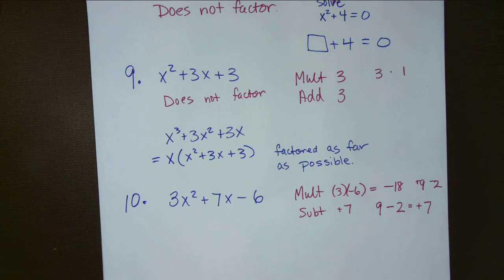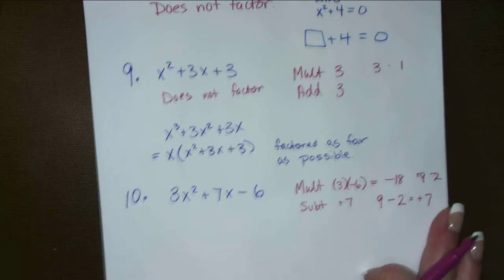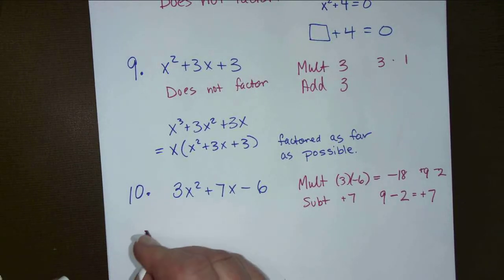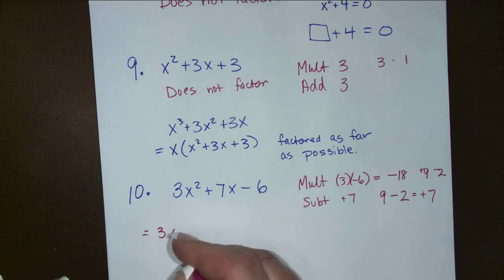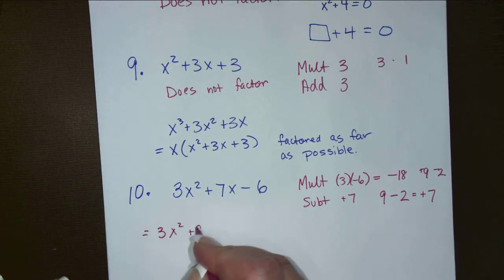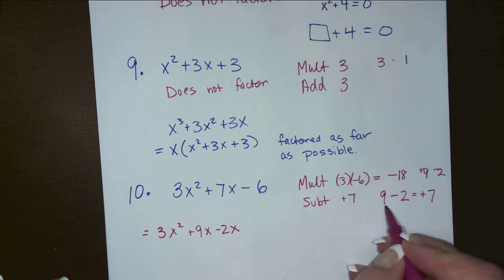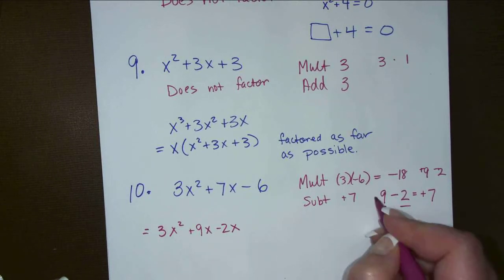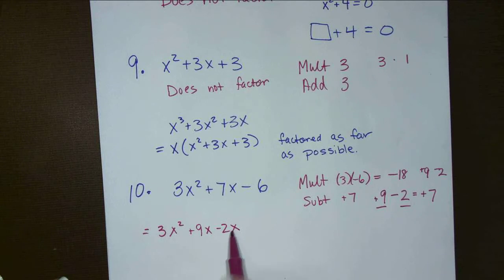Multiply to give negative 18. Okay, now that's not our answer. We don't just put those in a bracket like the last ones. We rewrite this, 3x squared. Instead of the 7x, we put plus 9x minus 2x. So that's your plus 9 and your minus 2. That gives that.